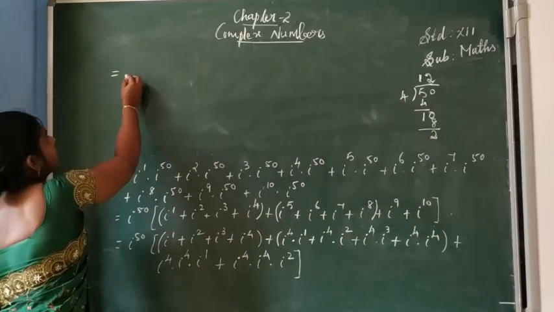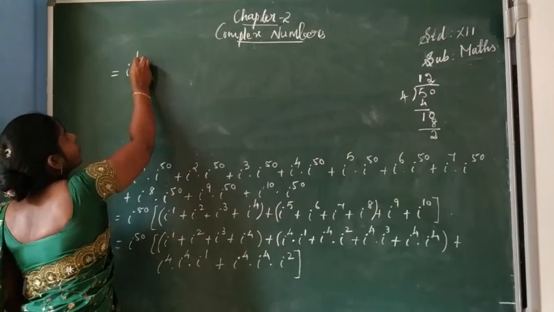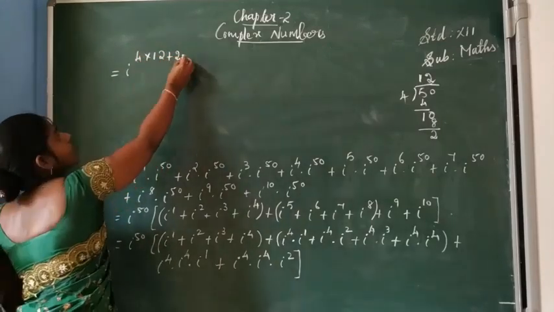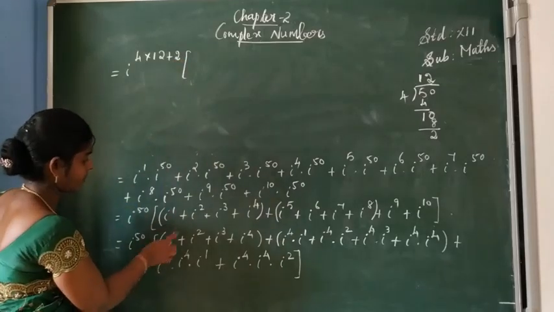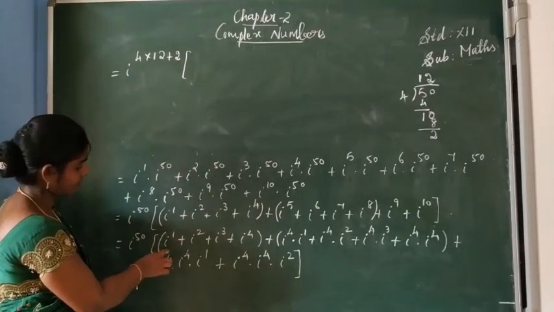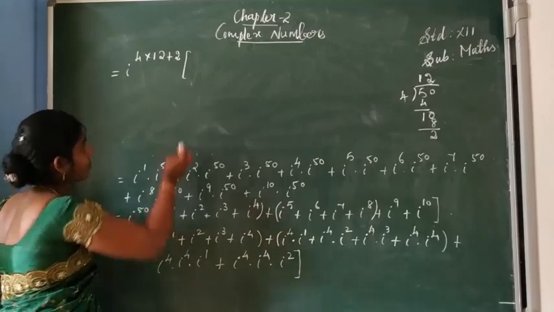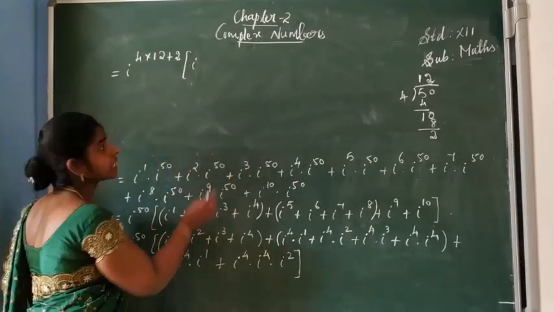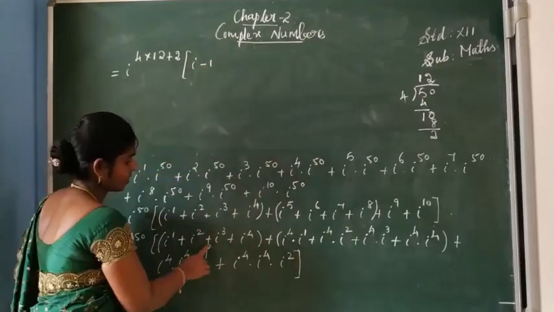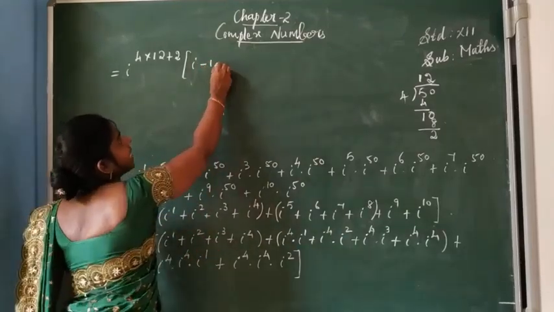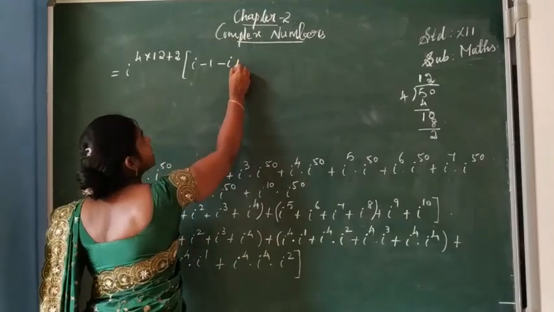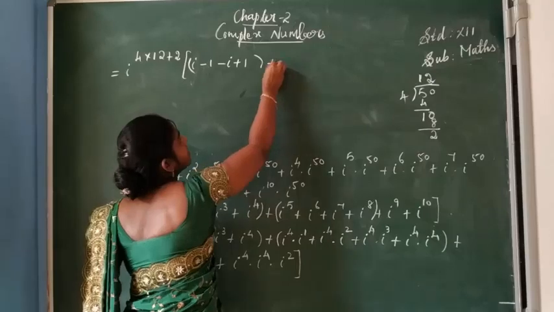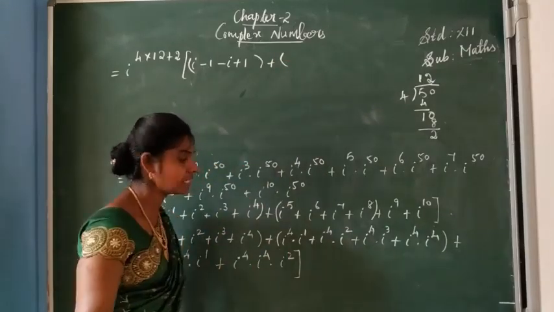You can write i power 4 into 12 plus 2. i power 1, the value is i; i square, the value is minus 1; i cube value is minus i; plus i power 4, the value is 1.